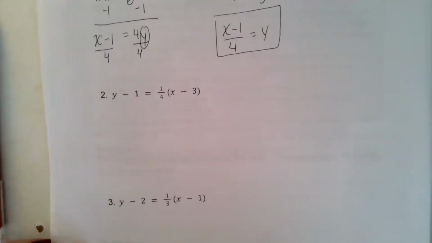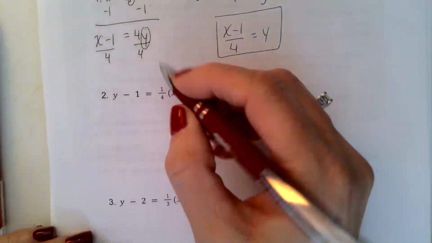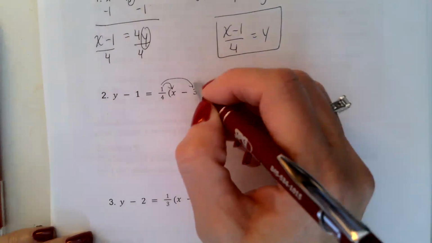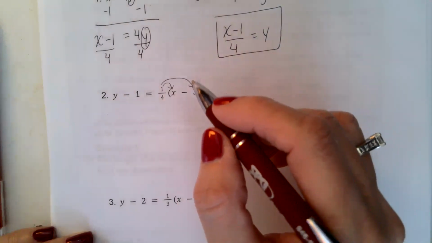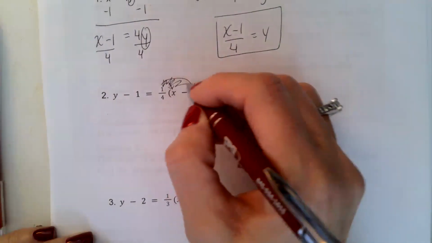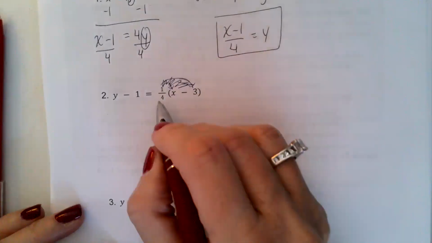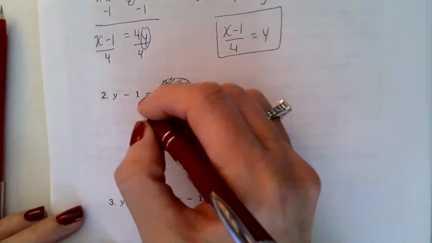Problem number 2. We have fractions involved. So I'm going to distribute first, and then I'm going to multiply through by my fraction. Actually, let's just go ahead and divide by the denominator now. So our denominator, we only have one fraction, so we're going to multiply through by 4.